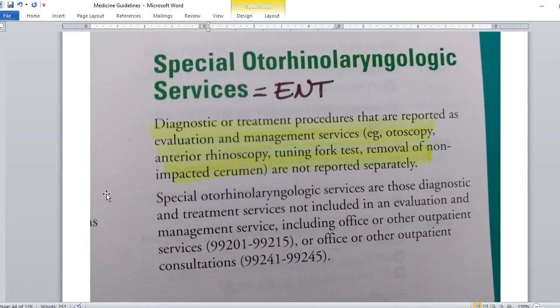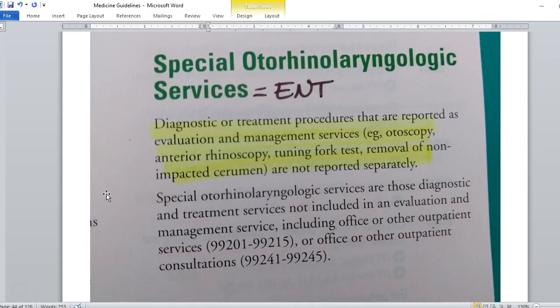So the otoscopy is them looking into your ear. The anterior rhinoscopy is looking into your nose, again, with a light. Tuning fork tests, that's when they hit the tuning fork, put it up to your ear, can you hear it? And the removal of non-impacted cerumen. So non-impacted cerumen usually can be flushed out, and a lot of times that's flushed out by a medical assistant. Those are all included in these diagnostic or treatment procedures.